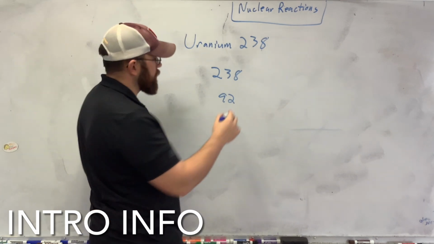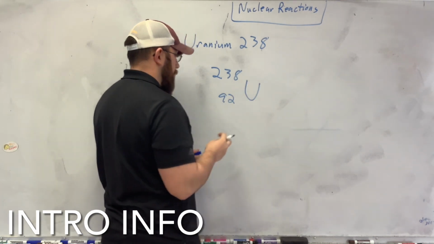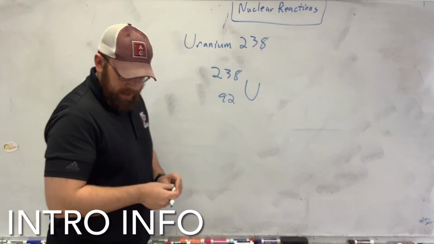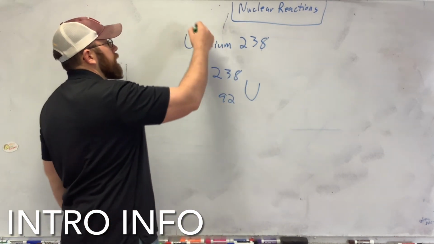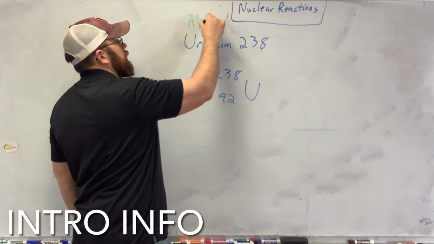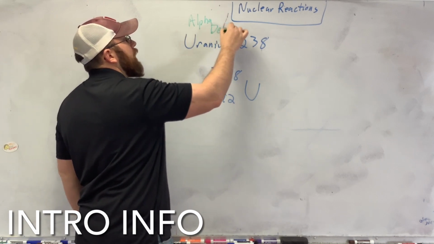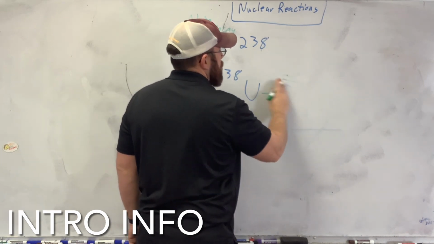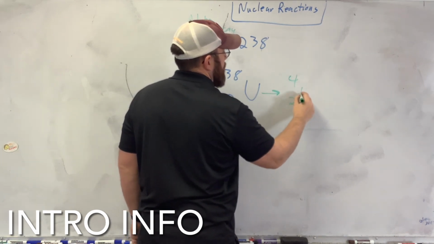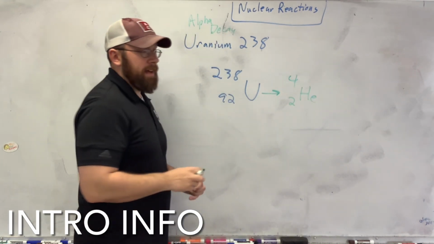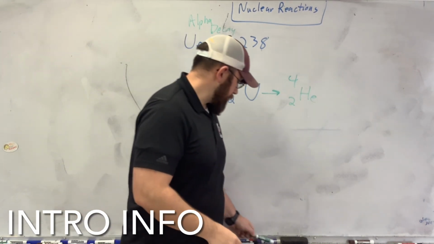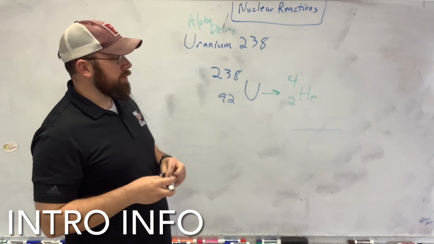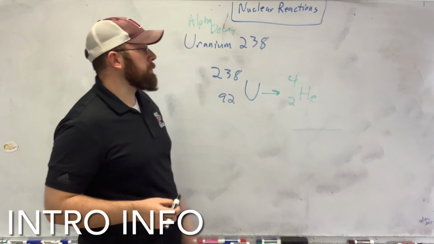I remember, so U. Say there is an alpha decay here. So in an alpha decay, you're going to lose a helium atom. So you have 2 protons and you're losing 4 from your atomic mass.